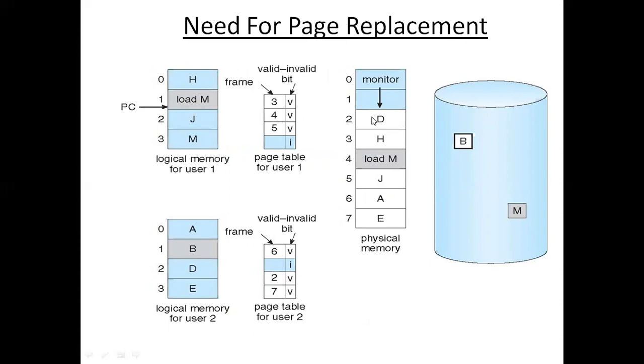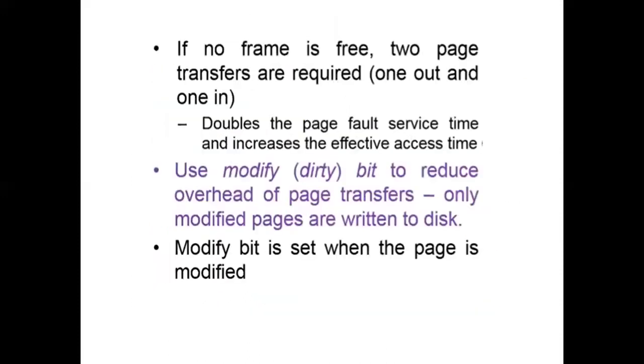If no free frame is available, 2 page transfers are required: one out and one in. It doubles the page fault service time and increases the effective access time. So how can you decrease it?